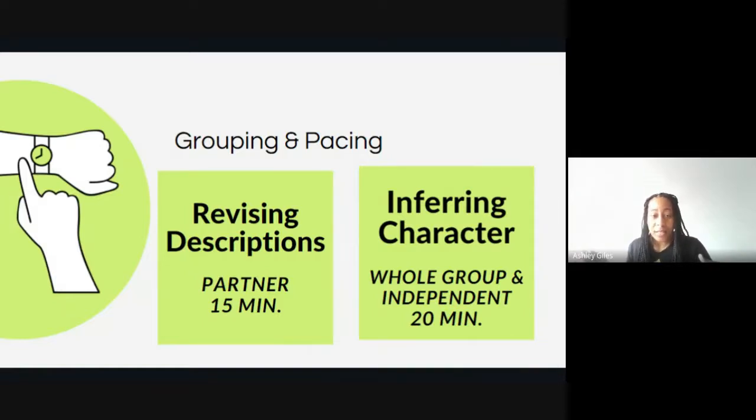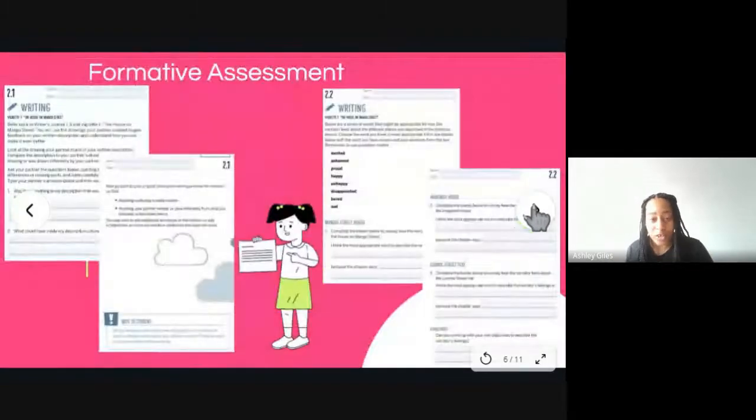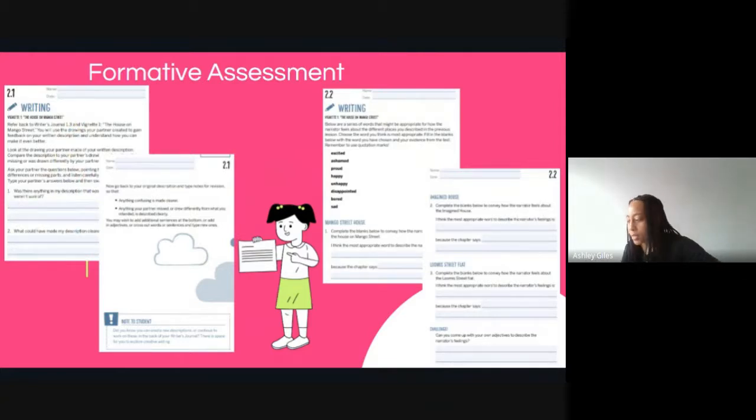And basically, after that, the teacher talked about inferencing. Students are directed to go into activity page 2.2 and answer some questions about the narrator and her feelings. So they're inferring her feelings based off these character traits that are given and providing that textual evidence. And of course, as the students are working, teachers are actively monitoring.